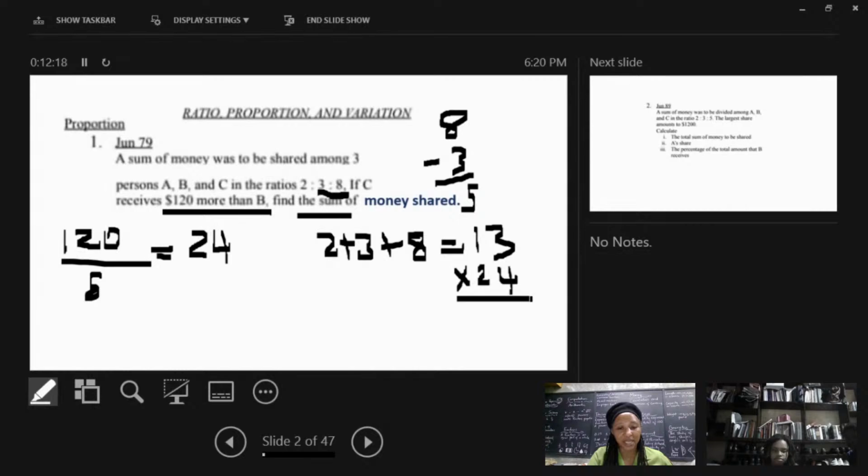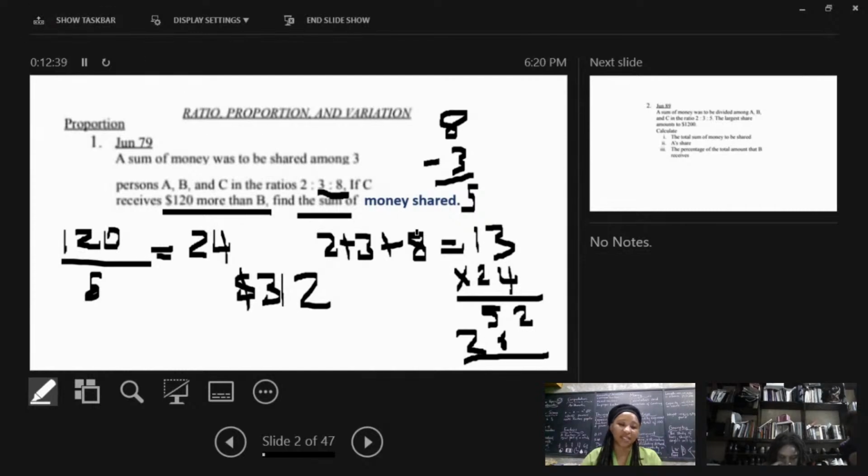So what's 13 times 24? 3 fours is 12. John said it's 312, Miss. 312. So the total is 312.